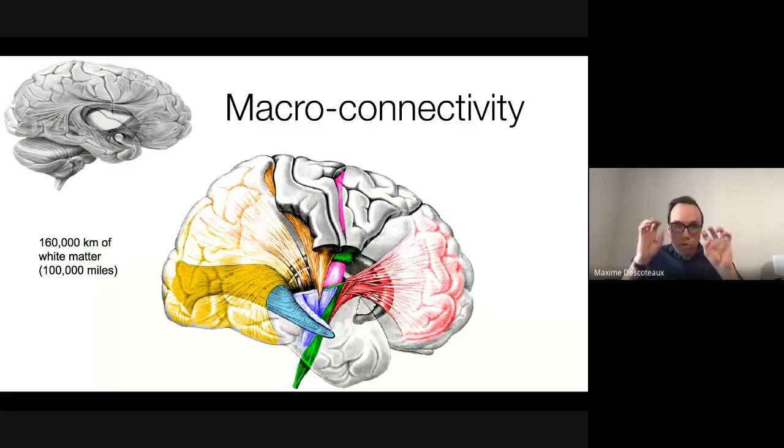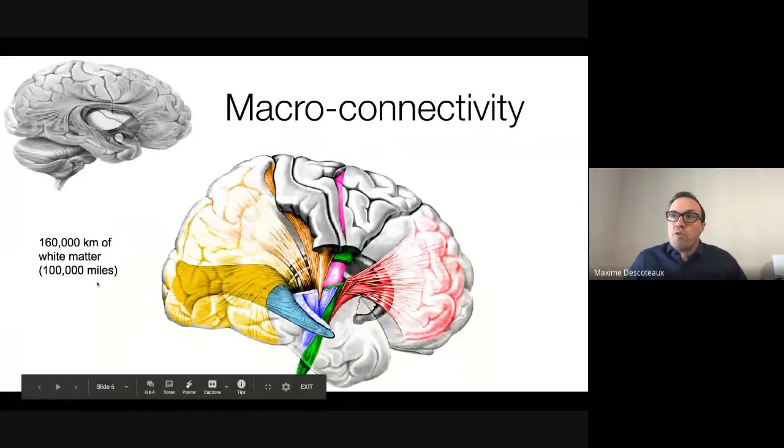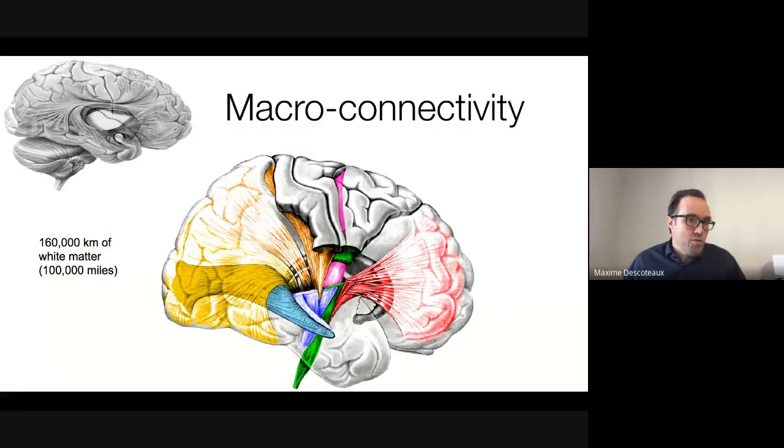That is, we know which track we want to study, and then zoom inside to study its microstructure. And just as a fun fact, it's estimated that we have around 160,000 kilometers of white matter tracks inside the human brain. This is a crazy amount of potential fibers crisscrossing and intersecting with one another, which makes the problem even more challenging.